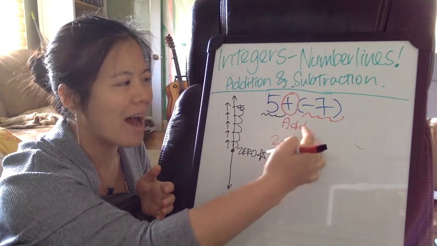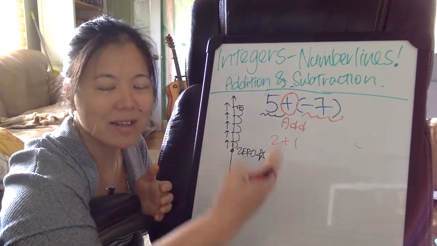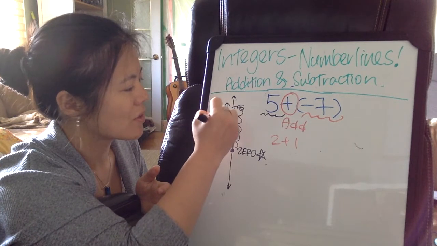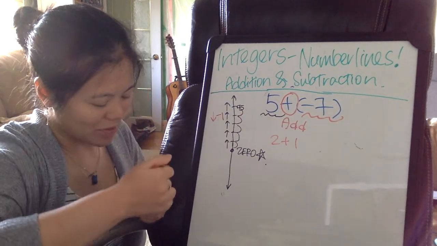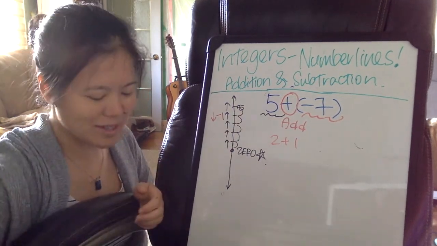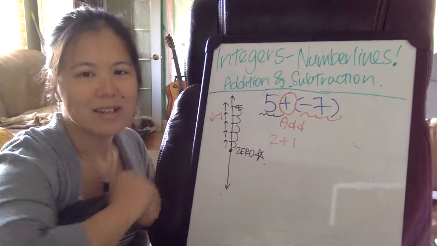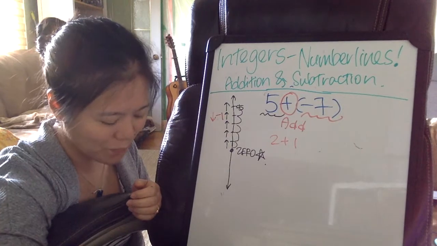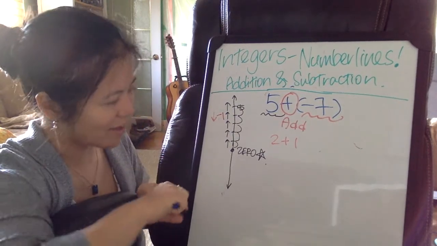So if I'm adding -7, now I have to go downwards. I have to take 7 steps downwards. So I'm going to start doing that.